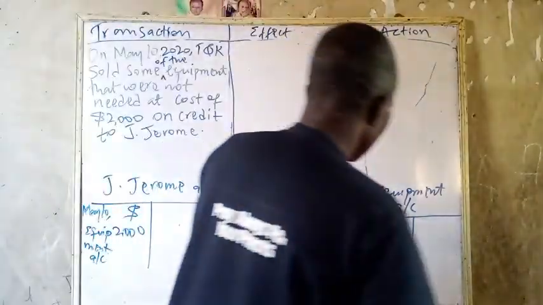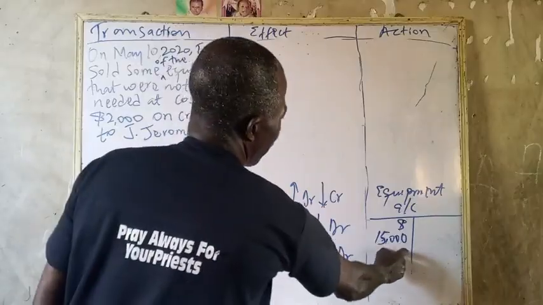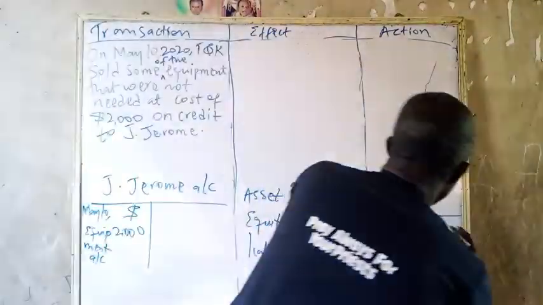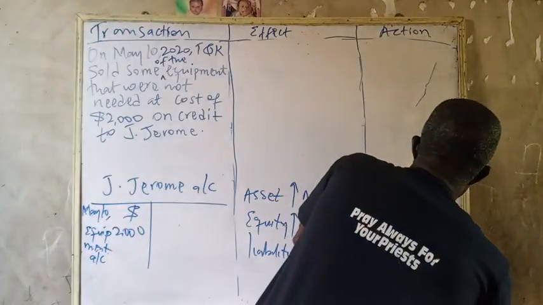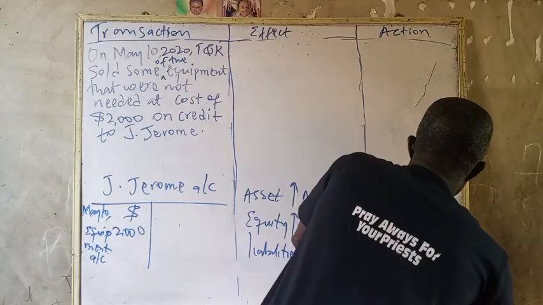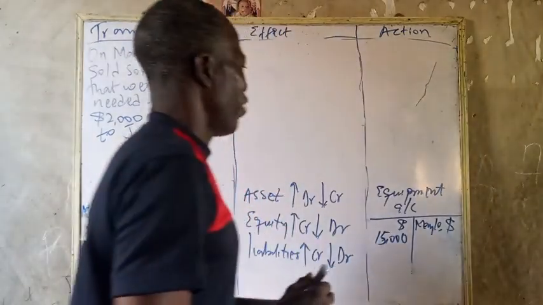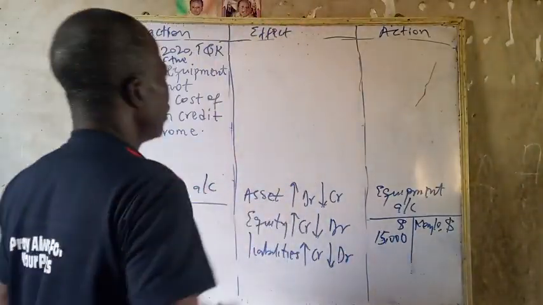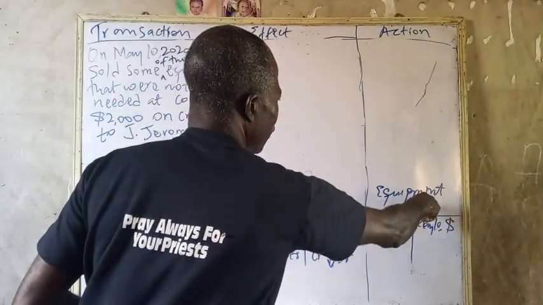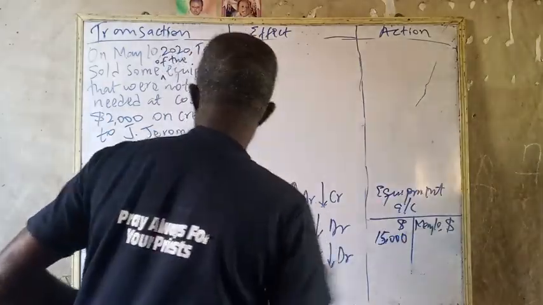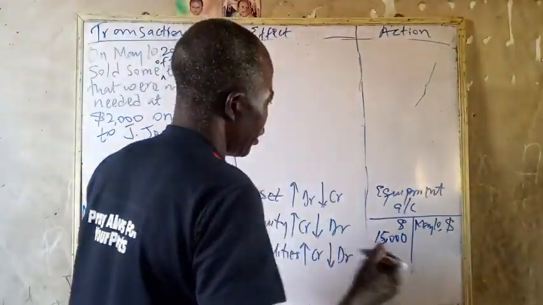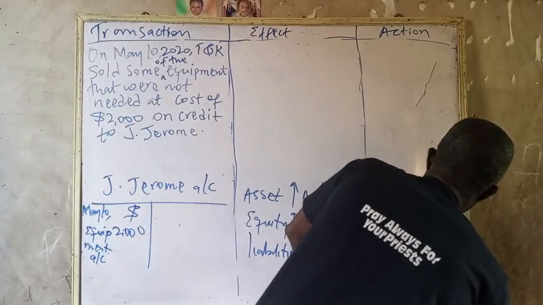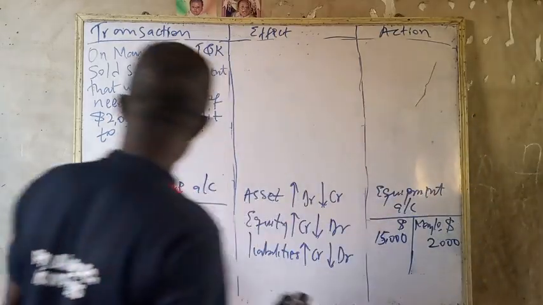So yesterday, the money was still $15,000. But today, being May 10, T and K is the owner of this equipment account. He sold equipment worth $2,000 to J. Jerome.